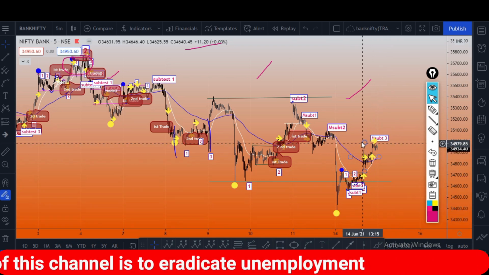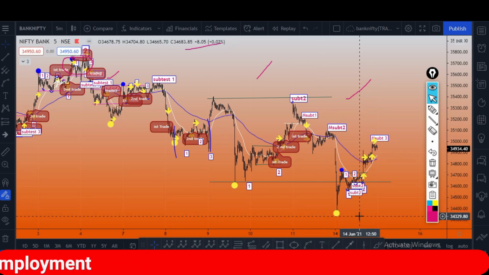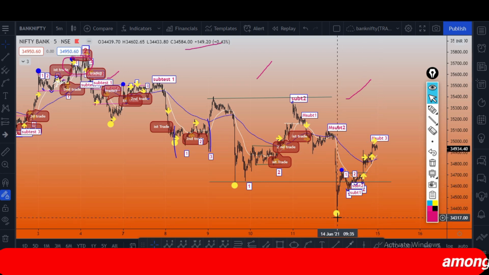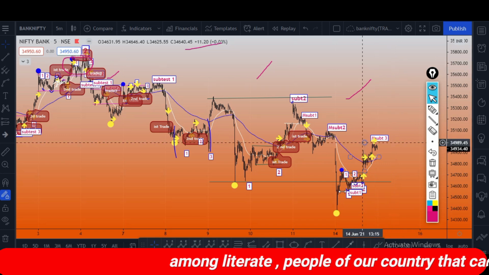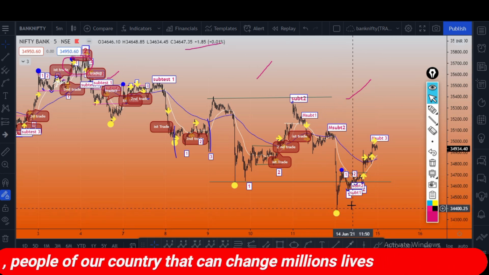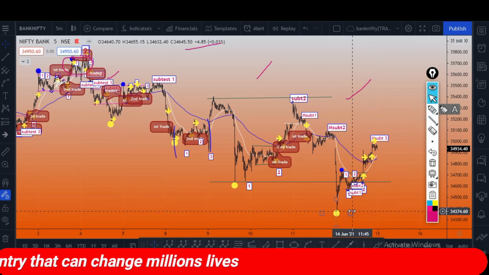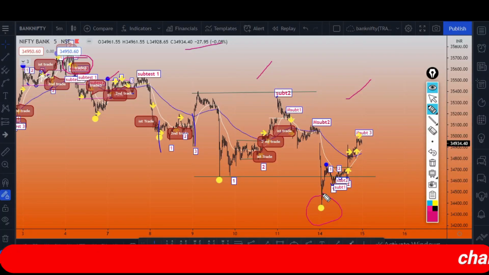Okay, if this cycle completes at this point, then you will find a new cycle towards the upside. It means if it is a reversal, then this yellow point will become the trend changing point.